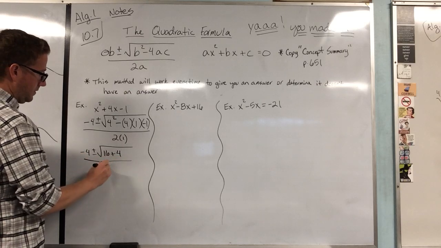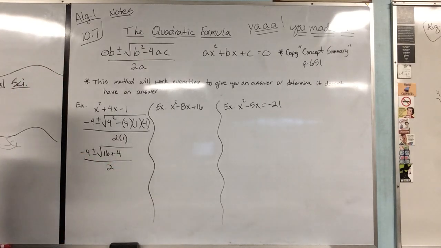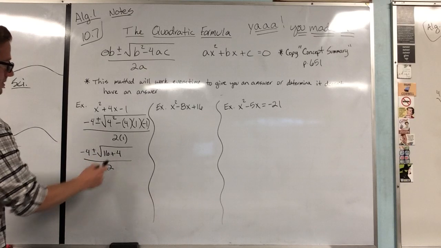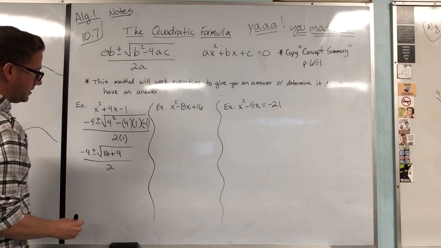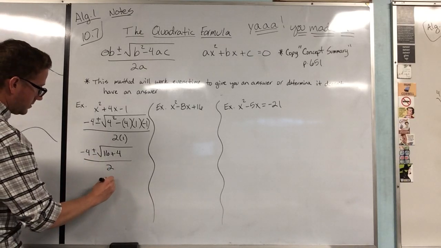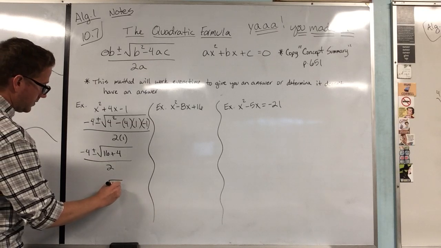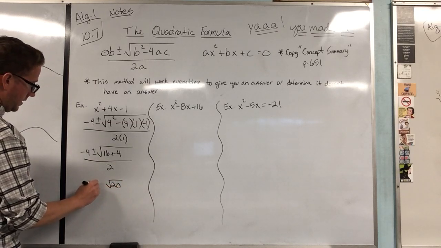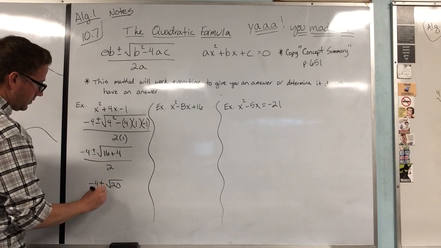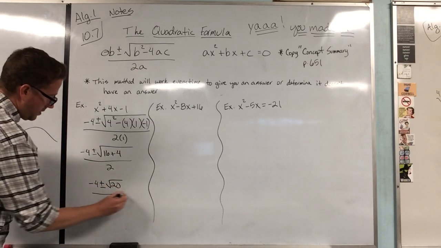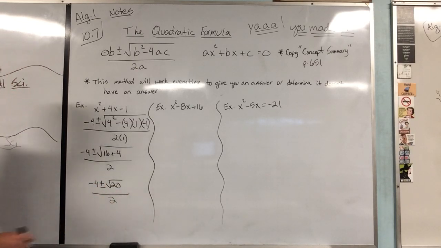And then this again is all divided by 2. Okay? Now 16 plus 4, you're going to see that that's going to be a square root of 20. You have that negative 4 plus or minus all over 2.